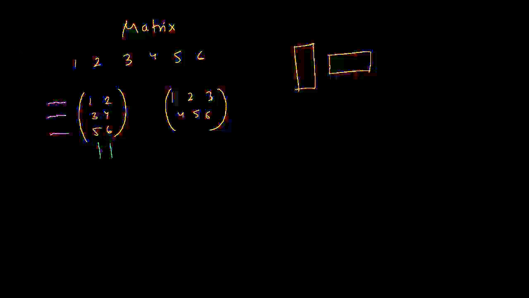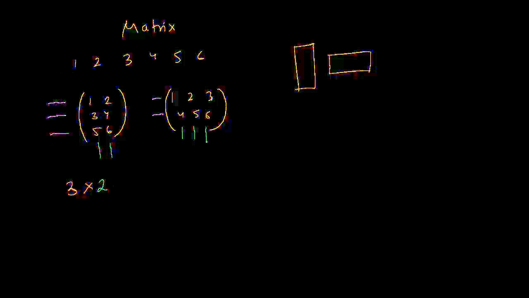And here it has 2 rows, 1, 2, and it has 3 columns, 1, 2, 3. The size of a matrix is written as, first we write the row, so 3 here by 2 here. So we say it's a 3 by 2 matrix.